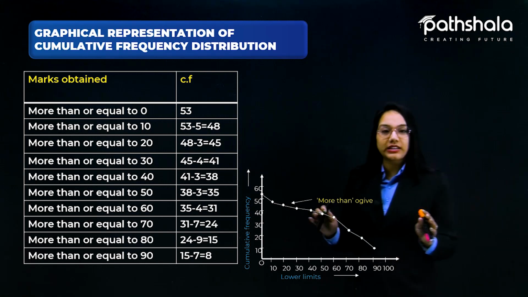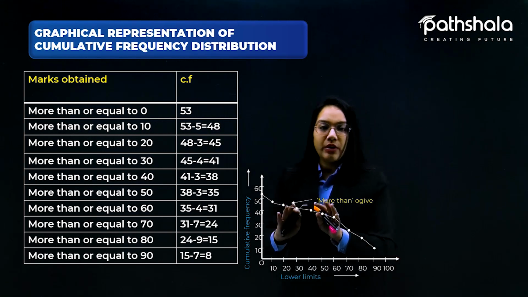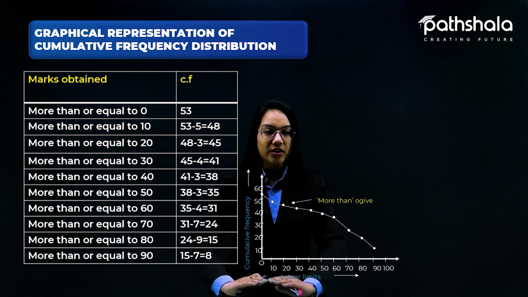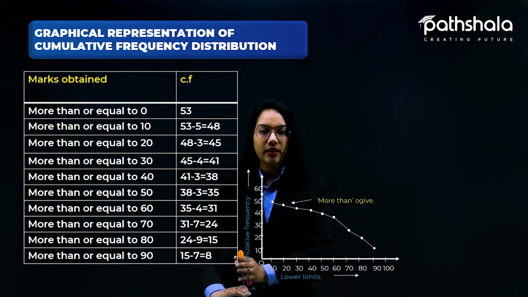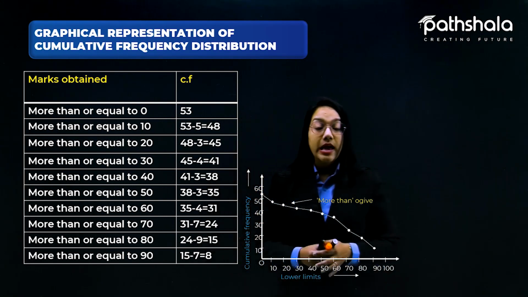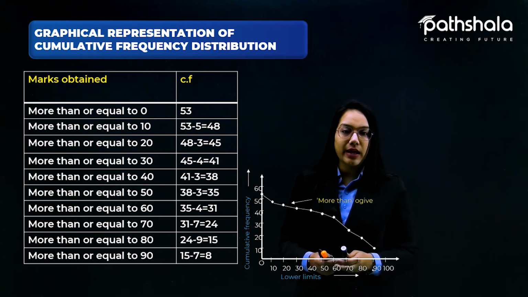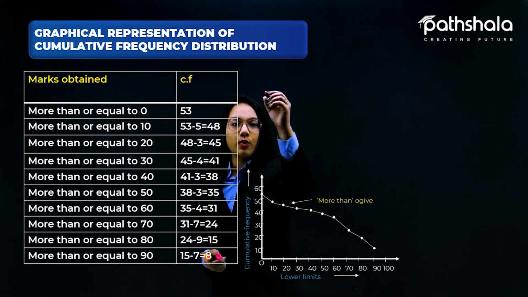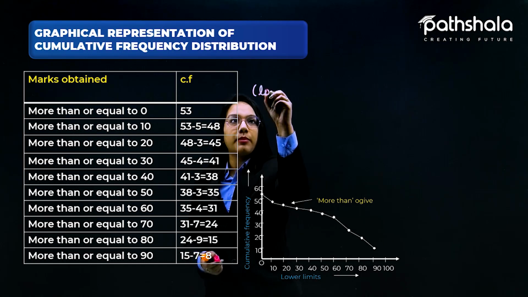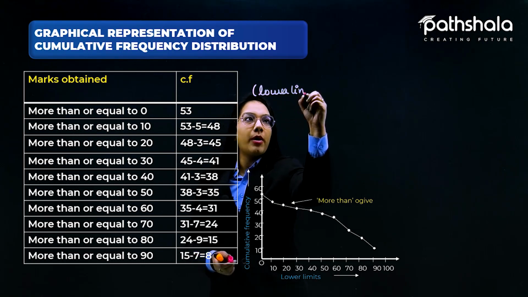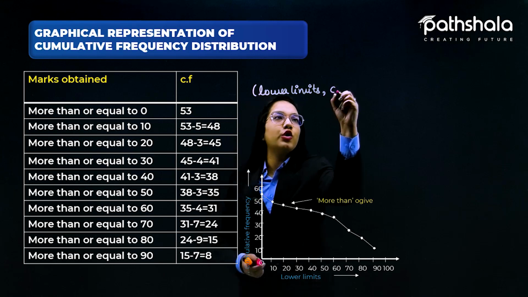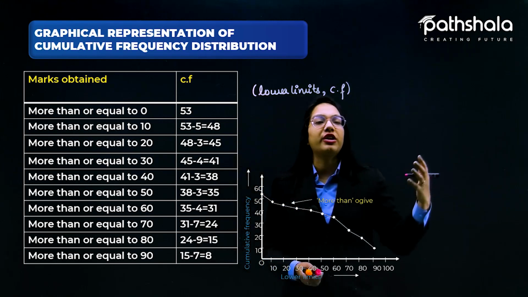First of all, just neglect this curve. The coordinates would be of the type lower limits, the respective cumulative frequency.